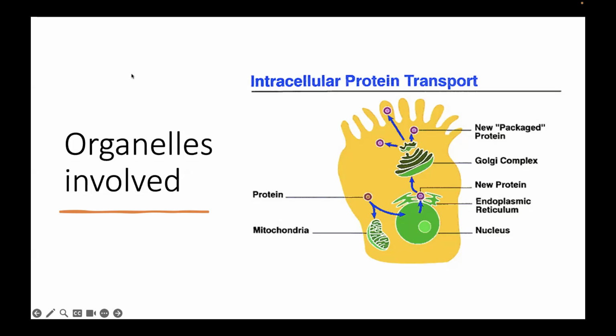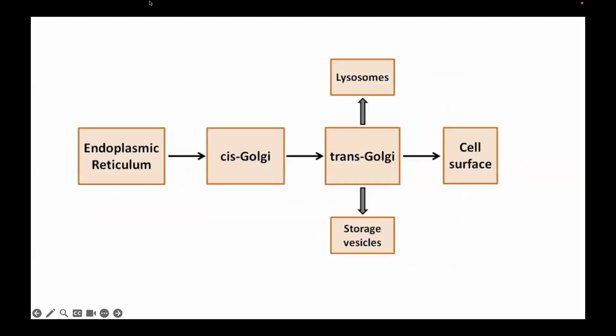Those are just some of the functions of the smooth endoplasmic reticulum. Now, I want everyone to remember that from the endoplasmic reticulum, it's going to reach the Golgi apparatus.